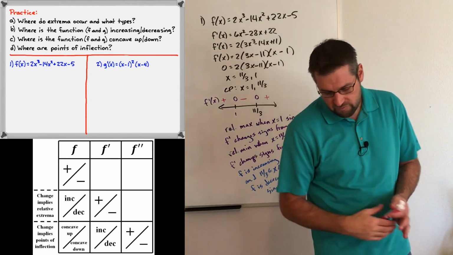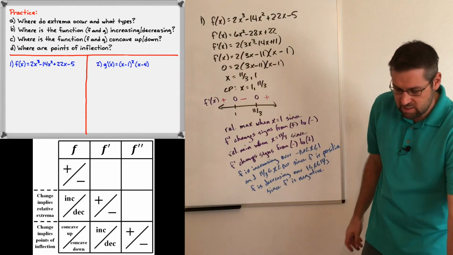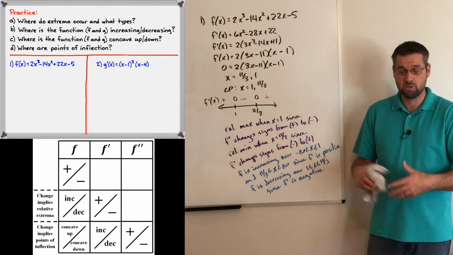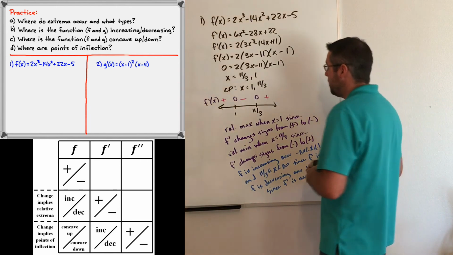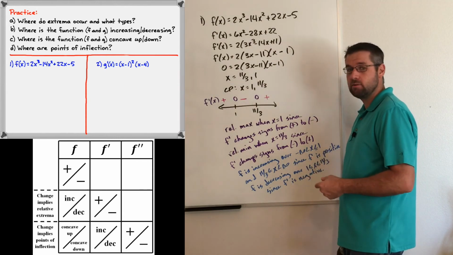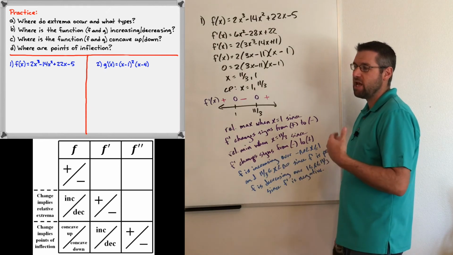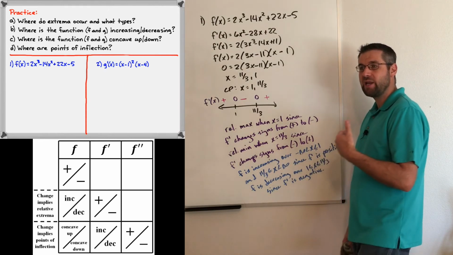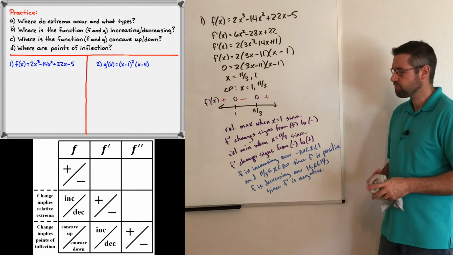Okay. So now if I'm looking at question C, it says where is f concave up and where is f concave down? Well, looking at the chart, we could say f is concave up when f prime is increasing or when f double prime is positive.